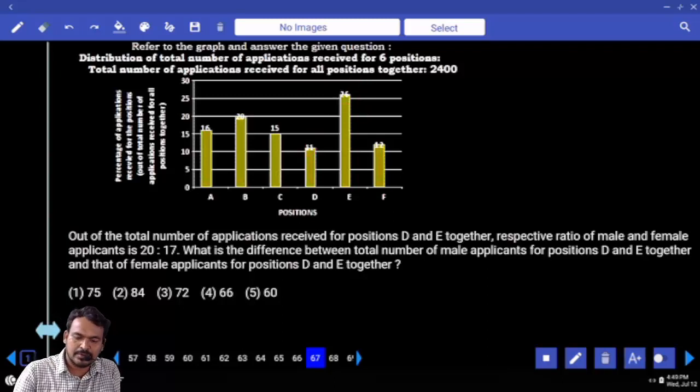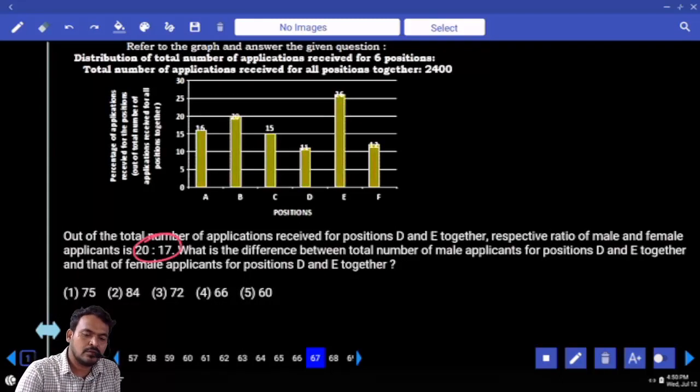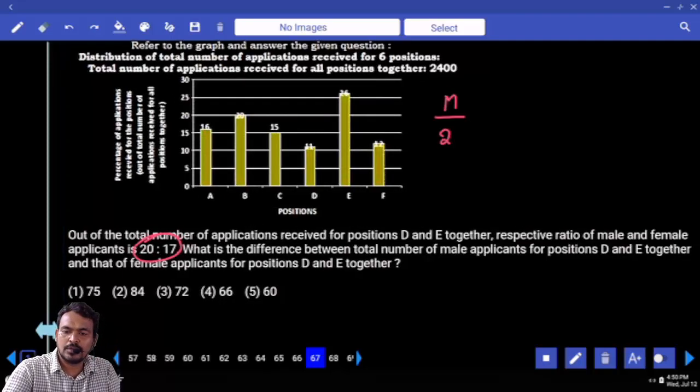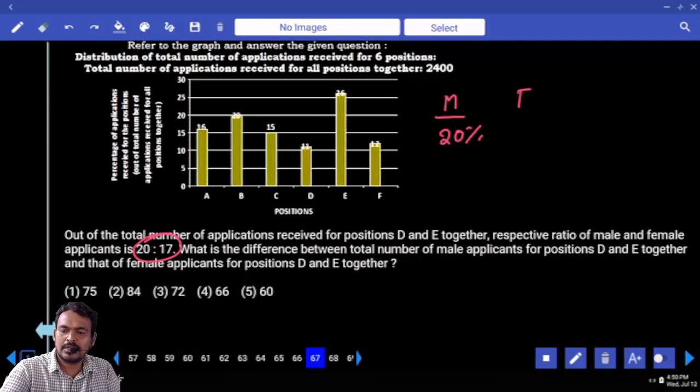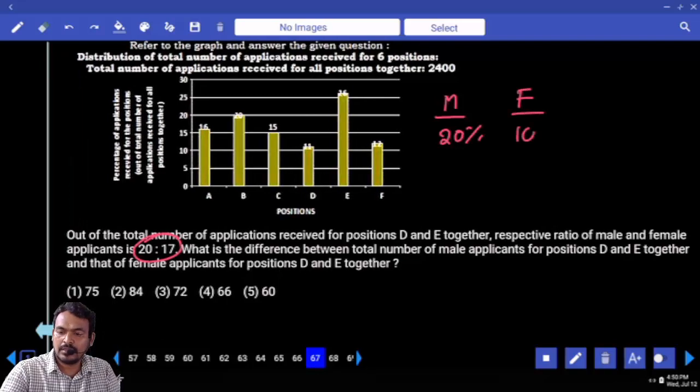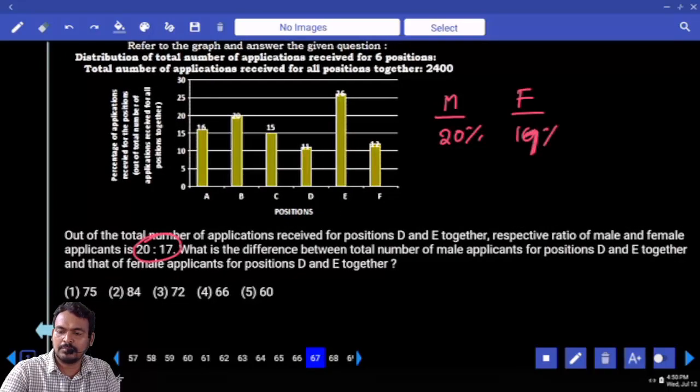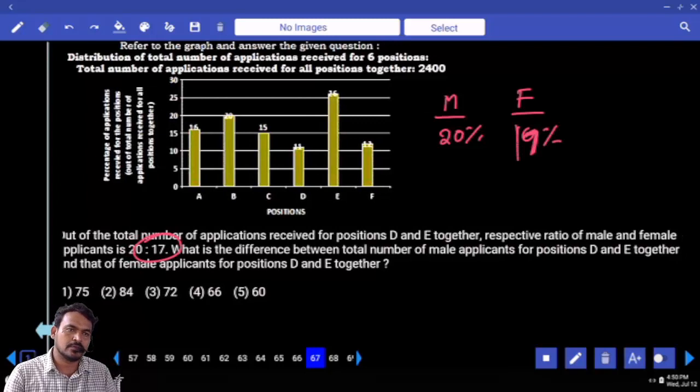That 37% is distributed again 20:17. Means male is how much percent? 20%. Female are 17%. Actually together value of D and E is 37. It is again split into male and female 20:17.